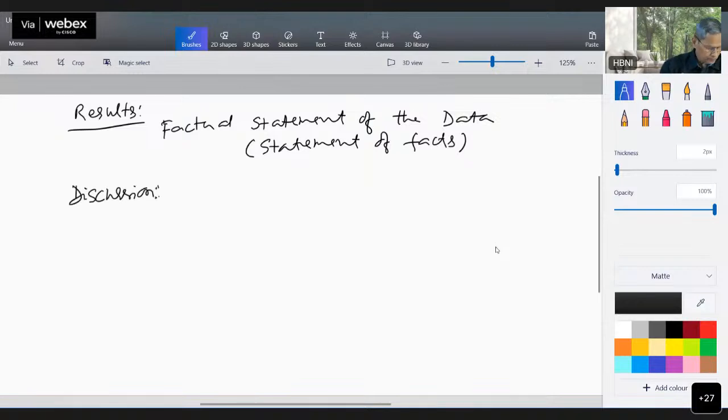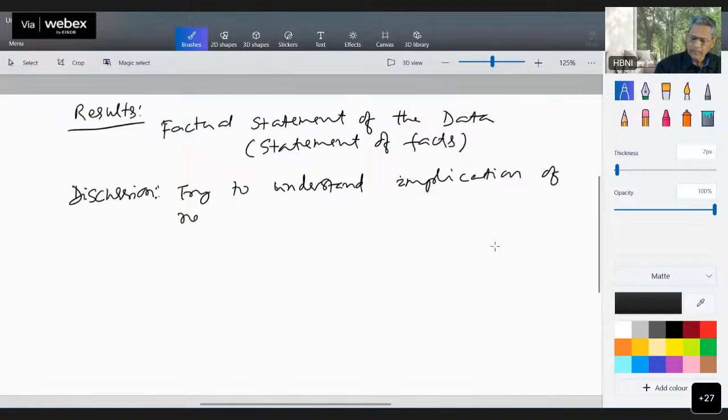In this section, you try to understand the implication of the results using scientific arguments.